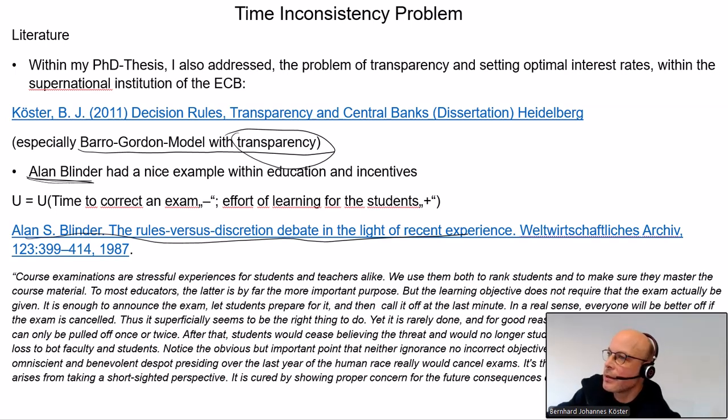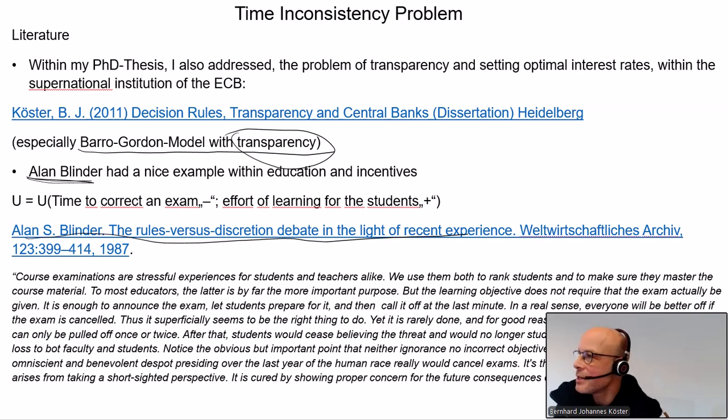But of course, we want you to really learn what we have introduced to you. Then he said, well, maybe it's enough to make the announcement that there will be an exam.